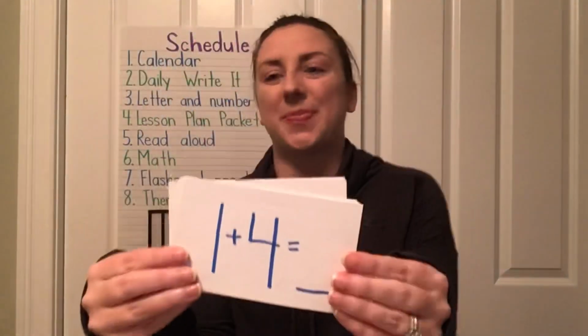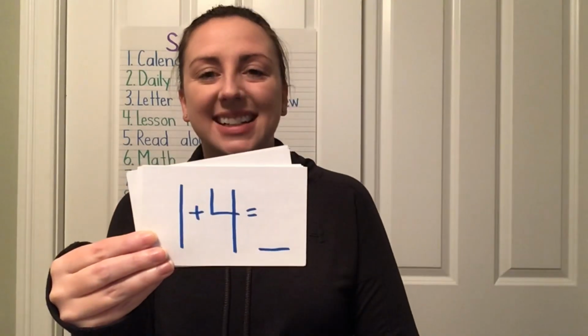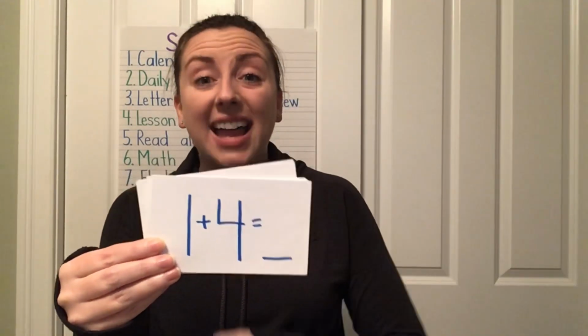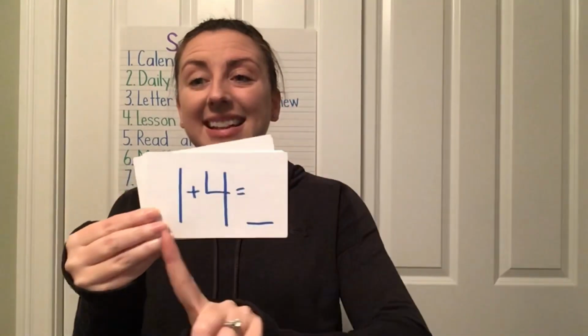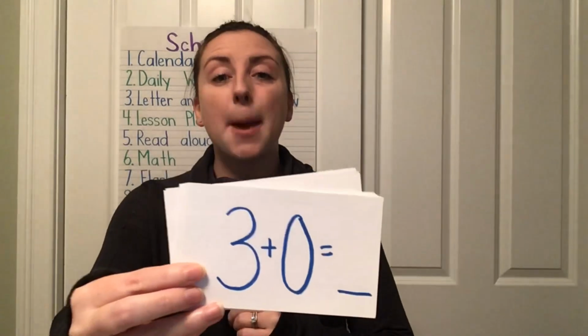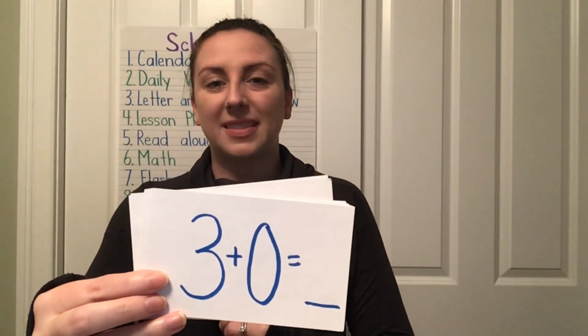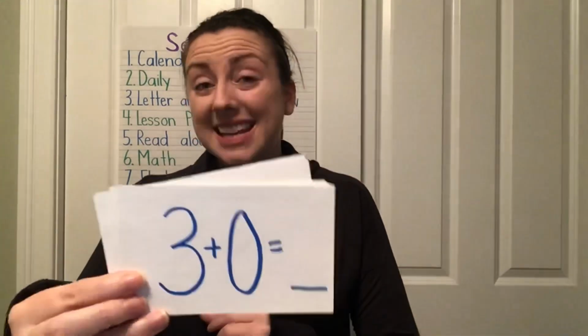Here we go. 1 plus 4 equals 5. 1 plus 4 more. 1, 2, 3, 4. My answer is 5. 3 plus 0. How many is it? 3.